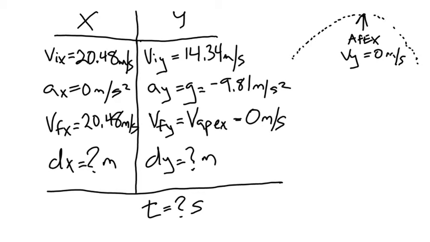Okay, now let's solve for time first. The equation that helps us solve for time is VFY equals VIY plus AYT. Notice I write y for each one so that I don't confuse my variables and use something from the x value column.